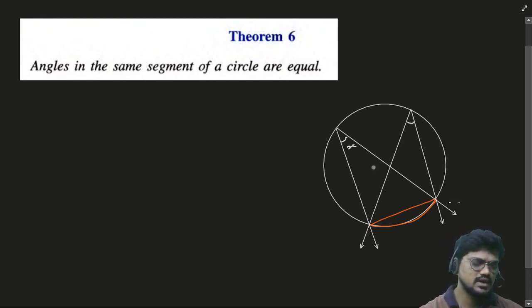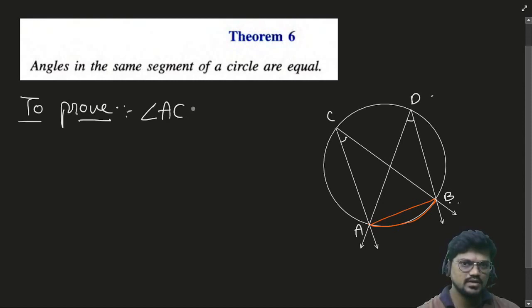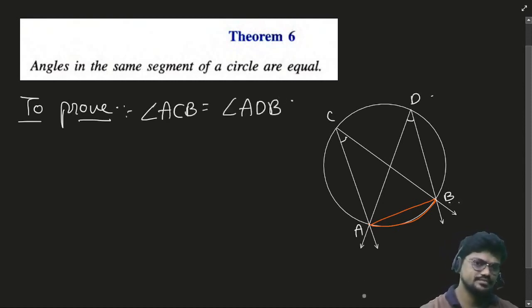This angle and this angle will be the same. Now you need to prove this. Okay, if this is AB and this is CD, now what you have to prove? To prove is angle ACB is equal to angle ADB. That's what you need to prove.